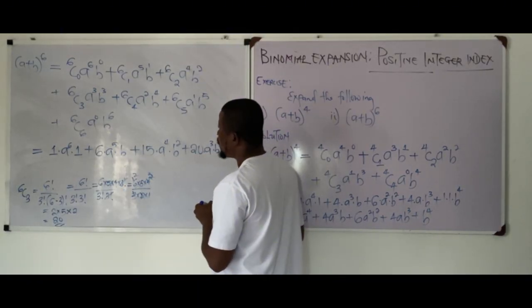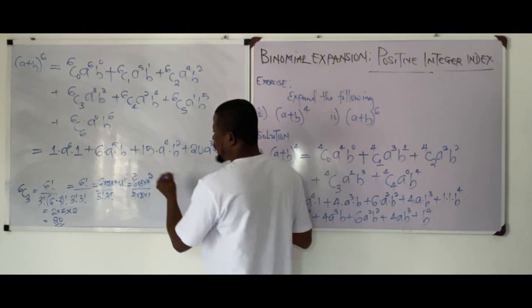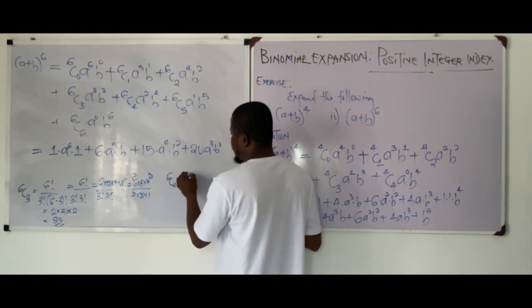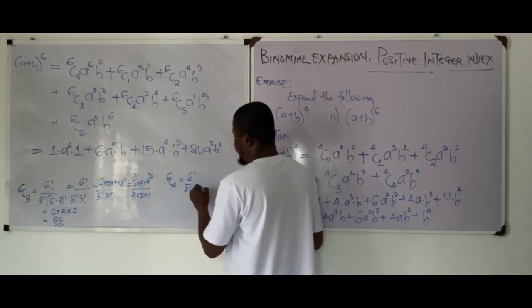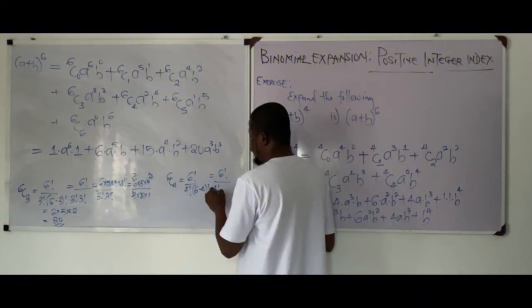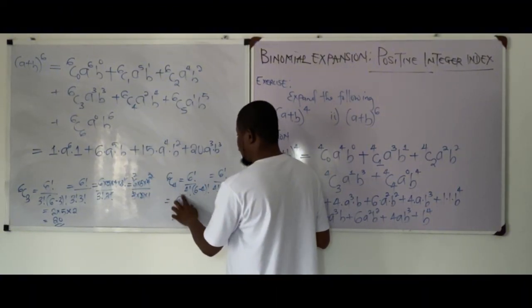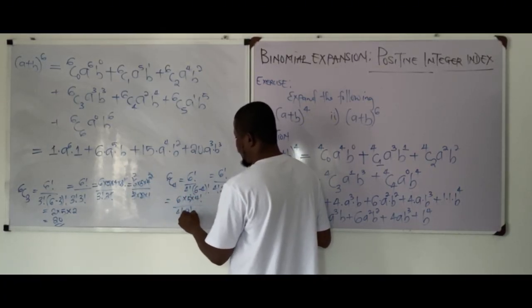Now let's also do 6 combination 4. I suppose that should be 15, but let's just be sure. 6 combination 4 is 6 factorial over 4 factorial times 6 minus 4 factorial. This is 6 factorial over 4 factorial, 2 factorial. This gives us 6 times 5 times 4 factorial all over 4 factorial, 2 factorial.